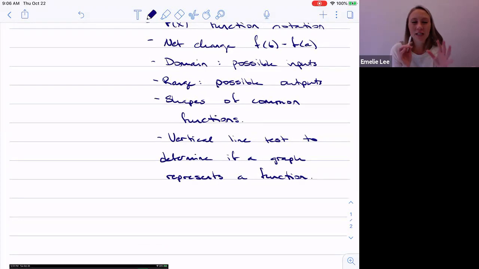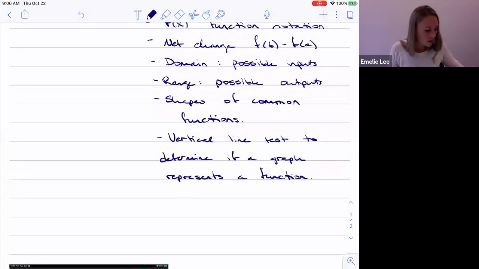Well, we said in the definition, each input can only give us one output. Graphically, what that looks like is if you take an imaginary vertical line at every point on the graph, each value of x, each vertical line can only cross the graph once. That's the vertical line test, but it's really just applying the definition of a function. Then we had a look at some graphs and decided if they were functions or not.